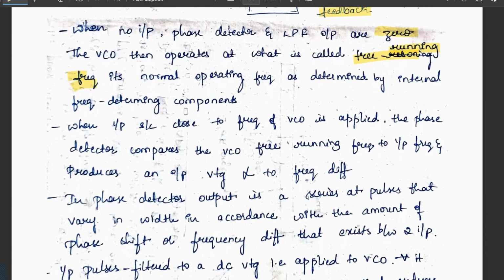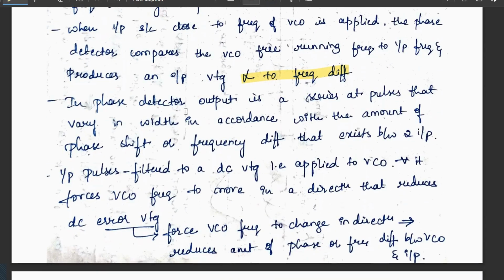When an input signal close to the frequency of the VCO is applied, the phase detector compares the VCO's free running frequency to the input frequency and produces an output which is proportional to the frequency difference. In the phase detector, the output is a series of pulses that vary in width in accordance with the amount of phase shift, or you can say the frequency difference, that exists between the two inputs.